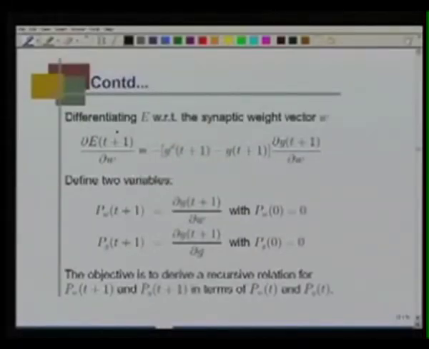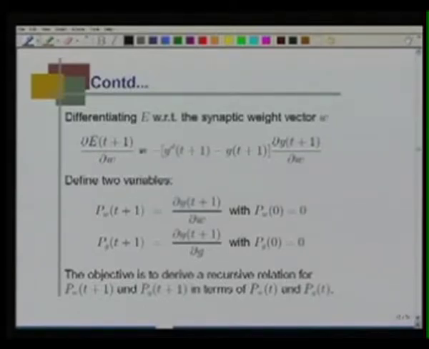If you differentiate E with respect to W, you have as usual (ydt plus 1 minus yt plus 1), and a minus sign will come because you differentiate yt plus 1 with respect to W. So, this minus comes due to that.